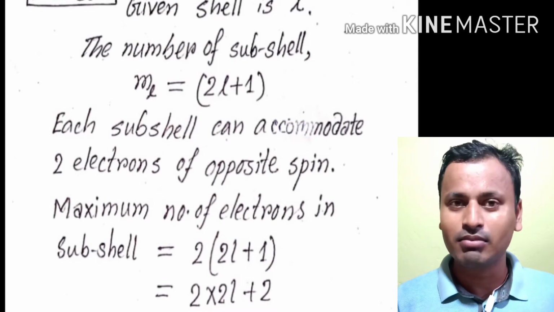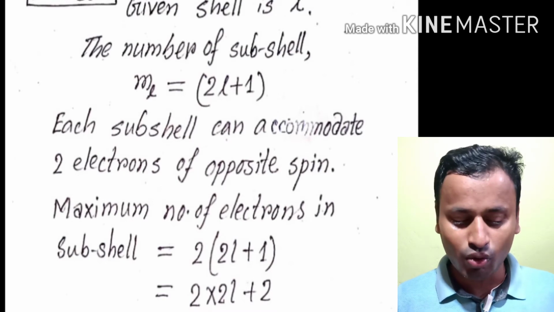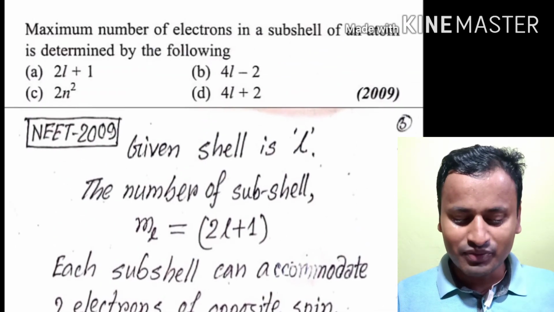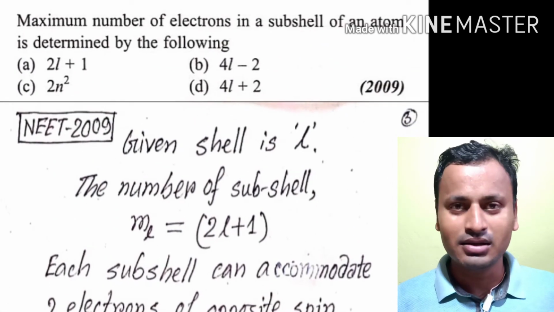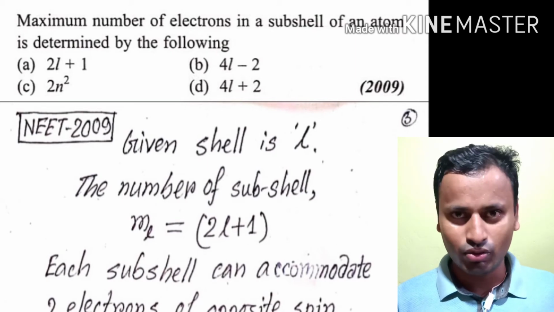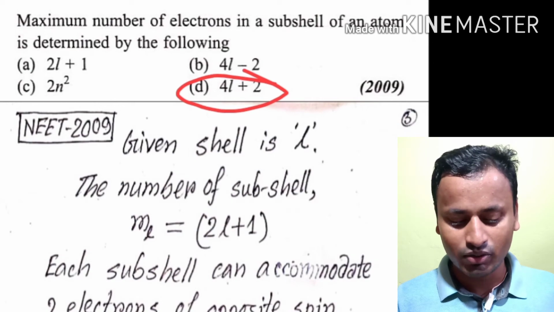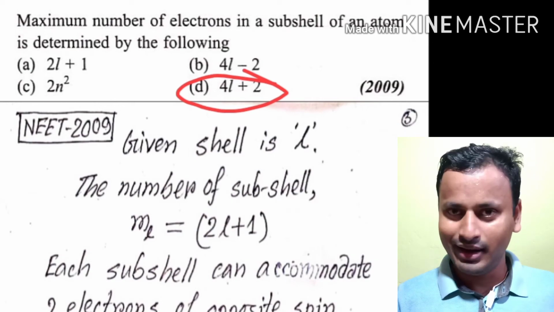So the maximum number in the subshell is 2 into (2L plus 1), which ultimately we read as 4L plus 2.